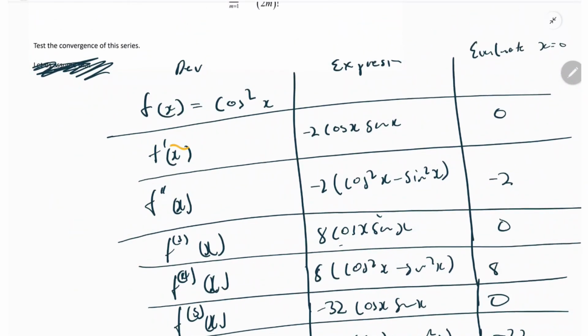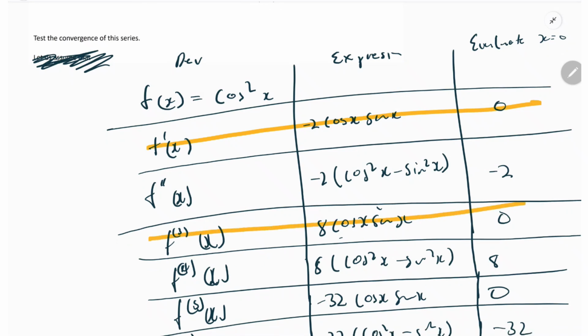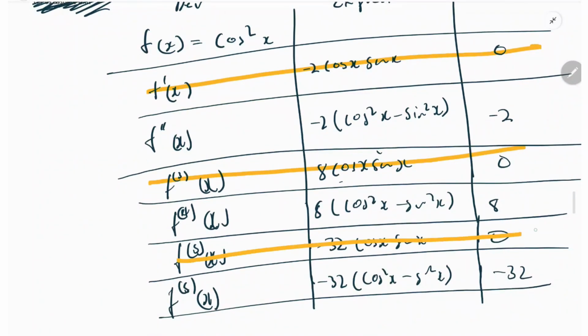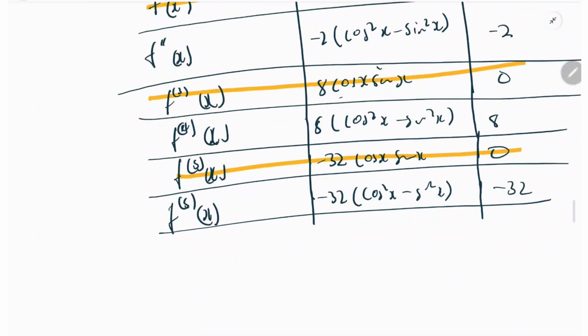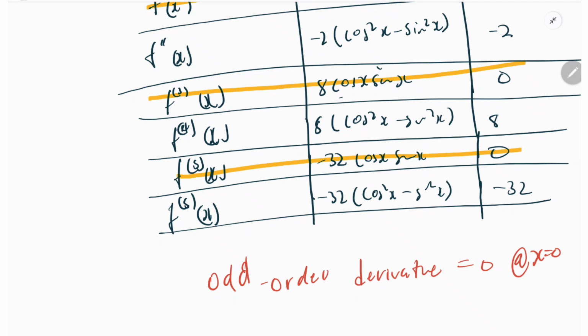Let me just write that down in English because it doesn't sound right to say it otherwise: odd order derivatives equal 0 at x equals 0, right?